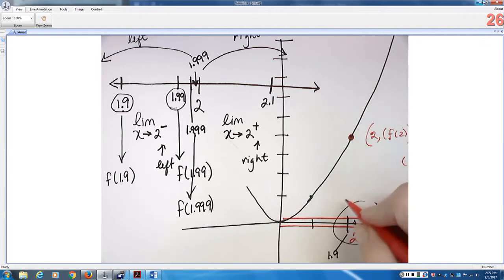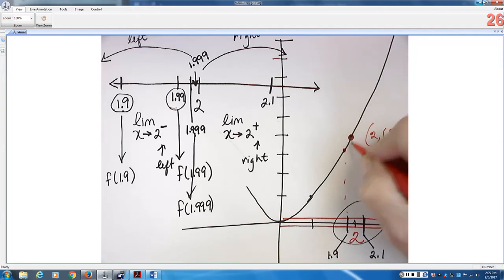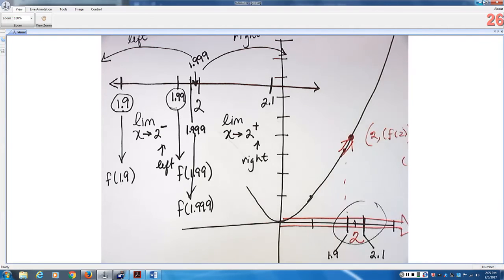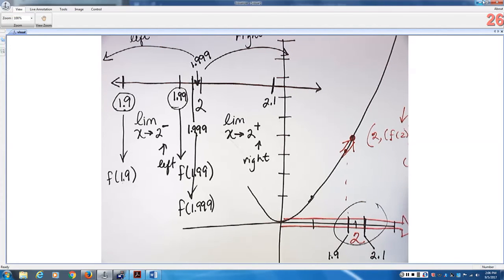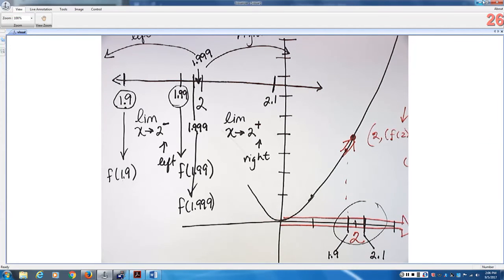As I'm going from 1.9 and moving closer and closer, I'm going to get a number that's closer and closer to f of 2, which is going to be 4.